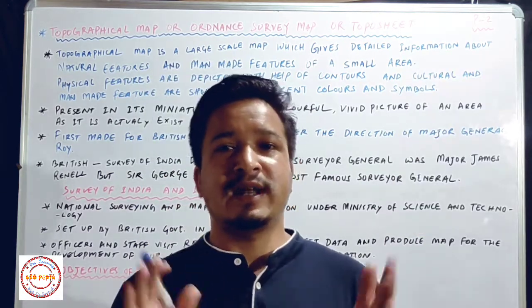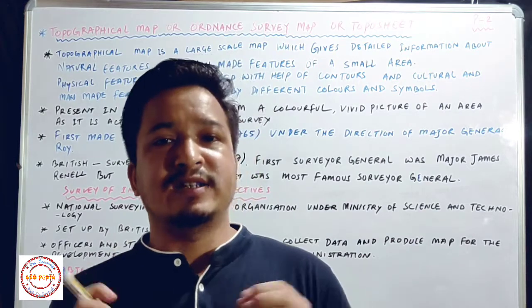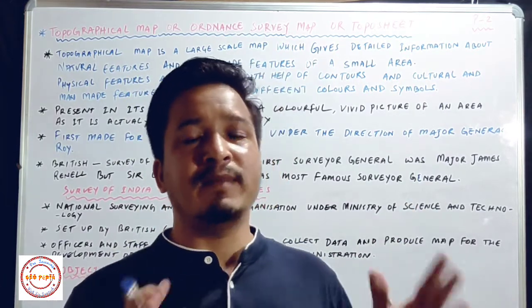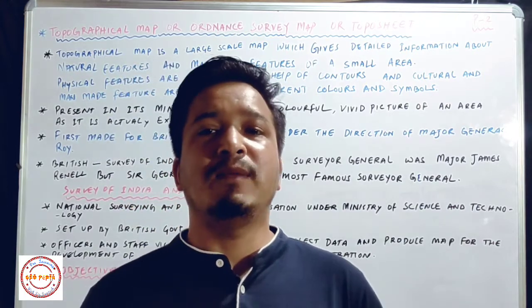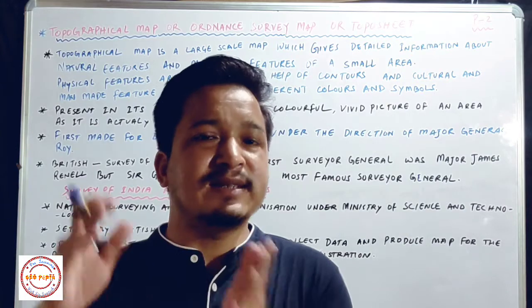Okay, so students, now you have an idea of what a topographical map is. Topographical maps are large scale maps. They show natural physical features and man-made physical features with the help of different colors, different symbols and signs.